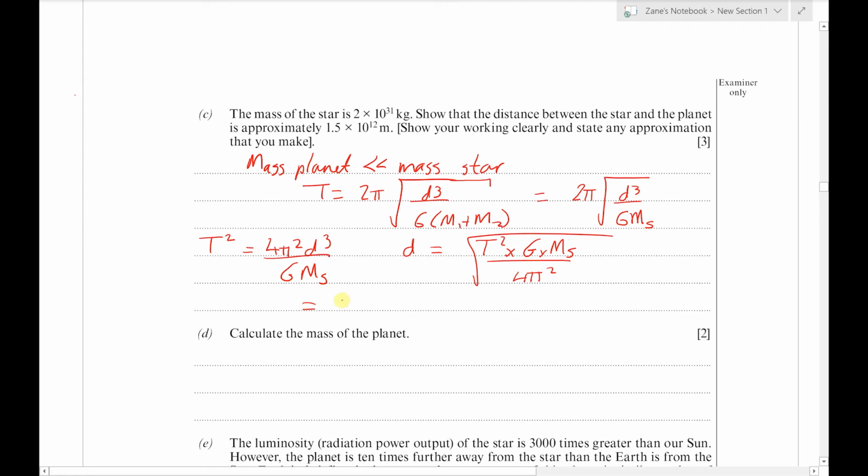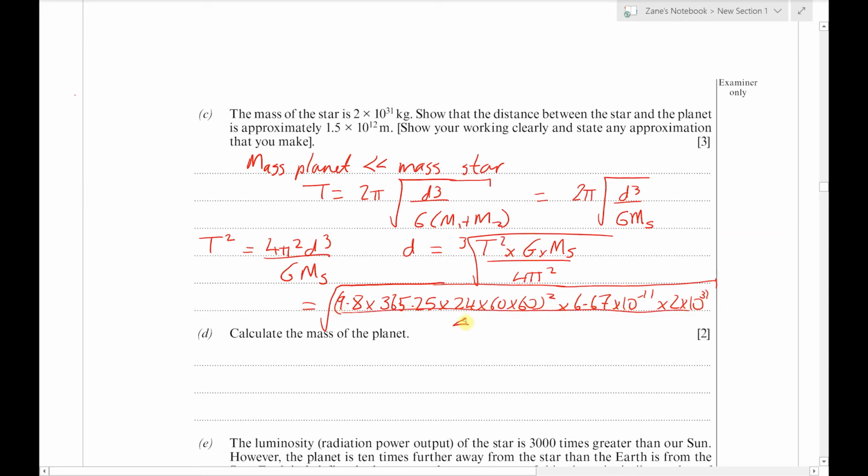So if we put in our figures, we've got the period as 9.8 years, squared, times 6.67 times 10 to the minus 11 for G, times 2 times 10 to the 31 for the mass of the star, over 4 pi squared.